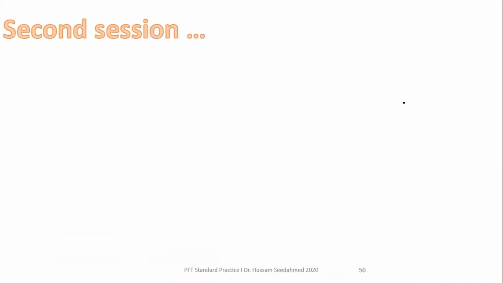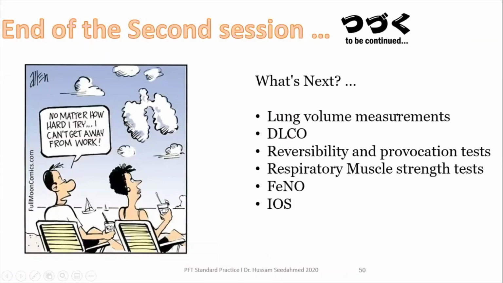So here we came to the end of the second session, interpreting the pulmonary function test, that is spirometry, with the lung volumes. What is next? In the third session, we'll go beyond spirometry. We've almost covered most of the basic things about spirometry.